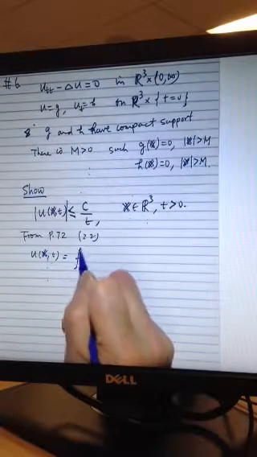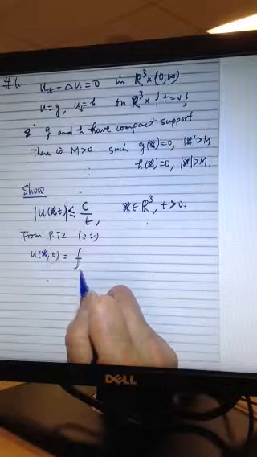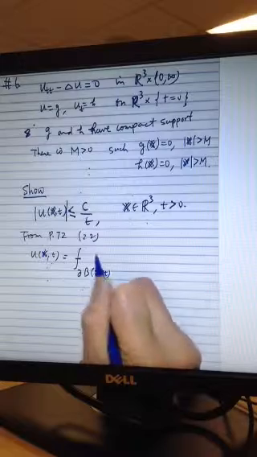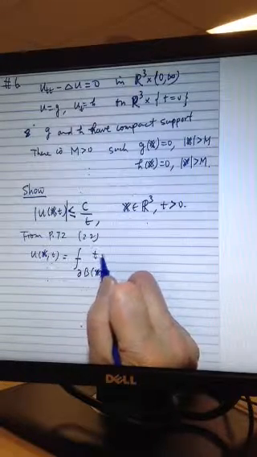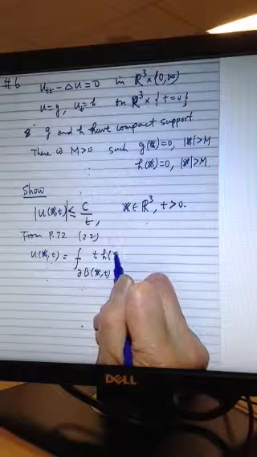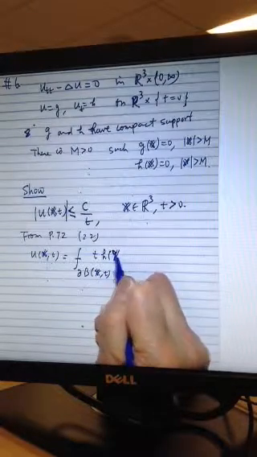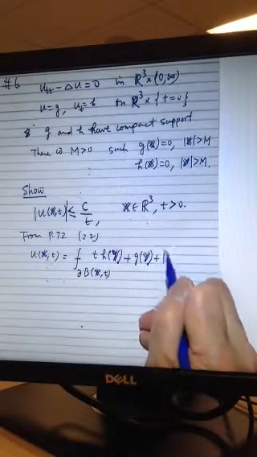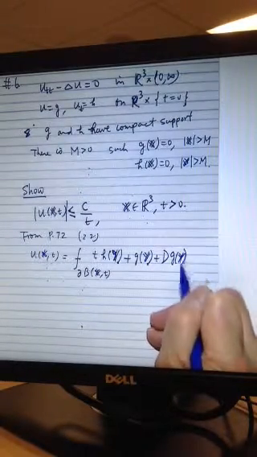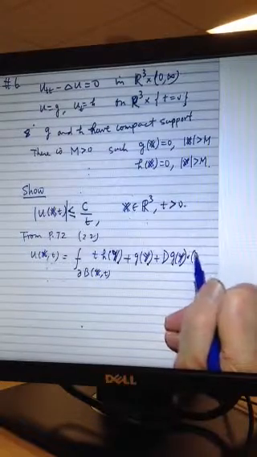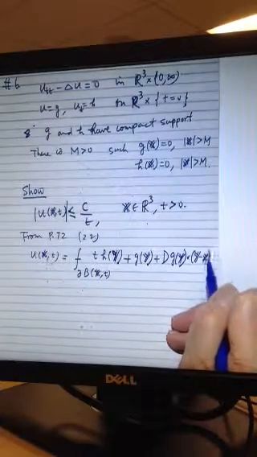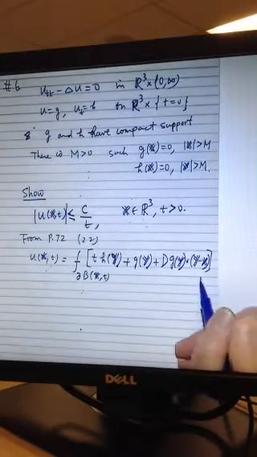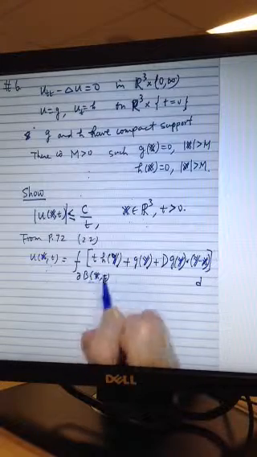now, this bar here means average, and this means boundary, of the ball x, t. T h of y, to that point y, plus g of y, plus the gradient of g at y dot y minus x, and this is the function you are going to integrate, but you are integrating on the boundary of this ball.